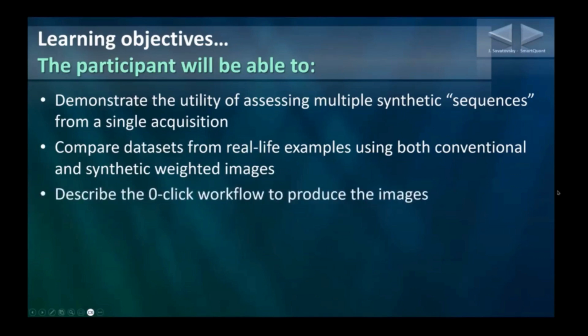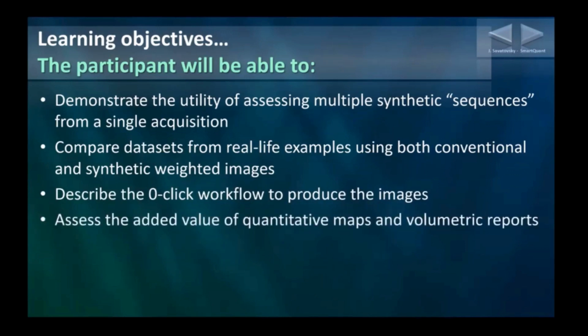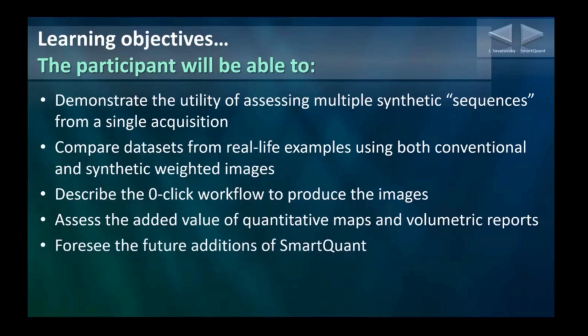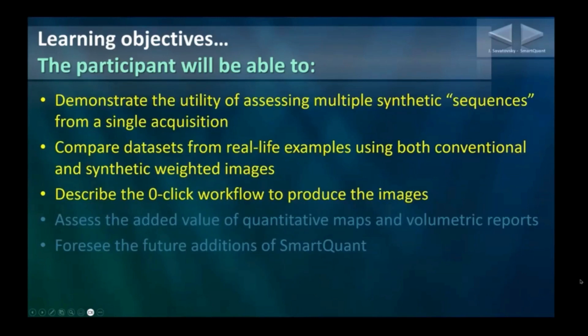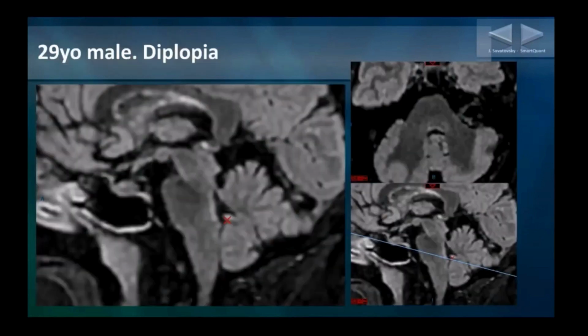We will briefly describe the zero-click workflow to produce the images, and we will see how we can assess the added value of quantitative maps and volumetric reports through clinical examples. Then we will take a few minutes to foresee the future additions of SmartQuant that are coming in the following months. So let's start by showing several examples of how you can assess those sequences and hopefully trust the results that they give.